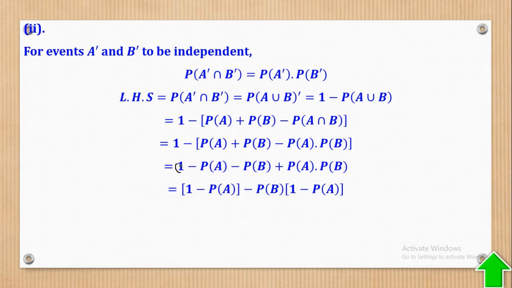I can pair this with this, and also this with this, or I can choose to pair this one with this B and then this with this. Any is okay. So in this case I've chosen to pair these two alone and also these two alone to come up with this.